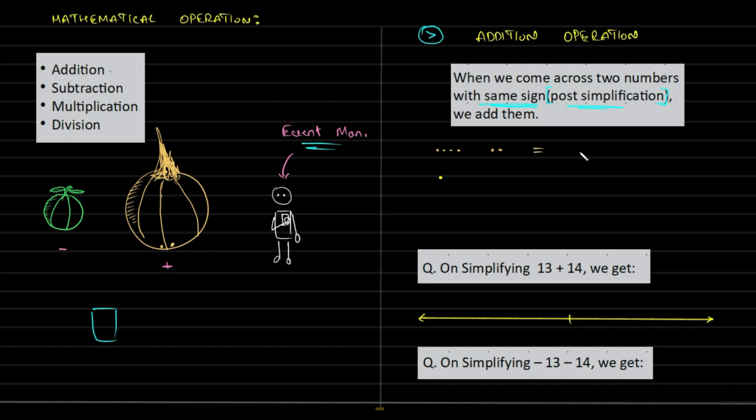In total, how many bags does he have? 6 bags. I have mentioned that coconut is equivalent to the addition sign, the positive sign. So positive 4 and positive 2 will give you positive 6. When you add coconuts, you will get coconuts. It's kind of common sense.